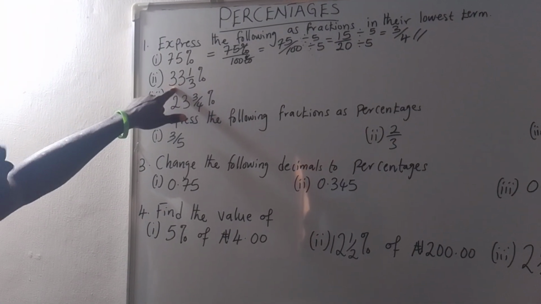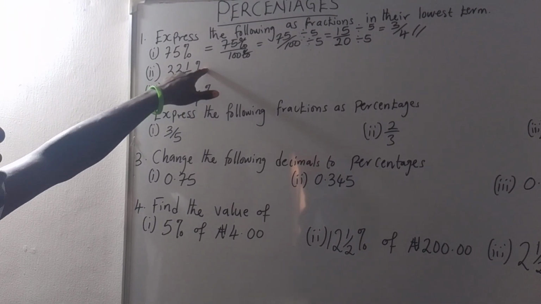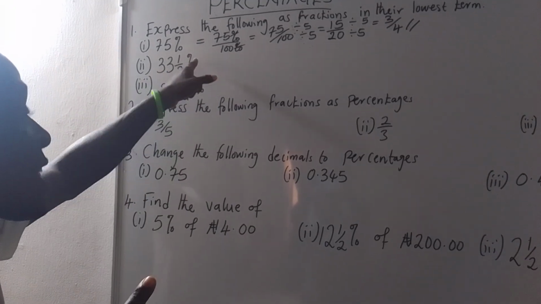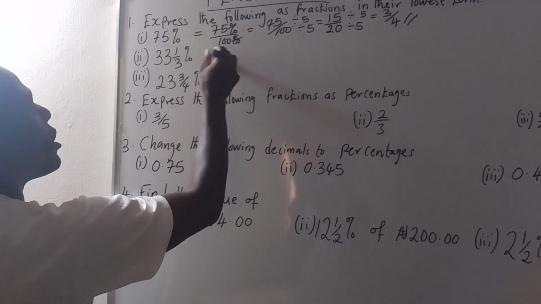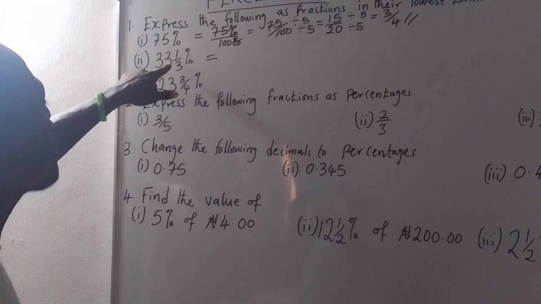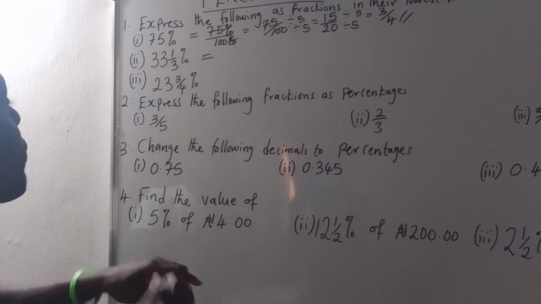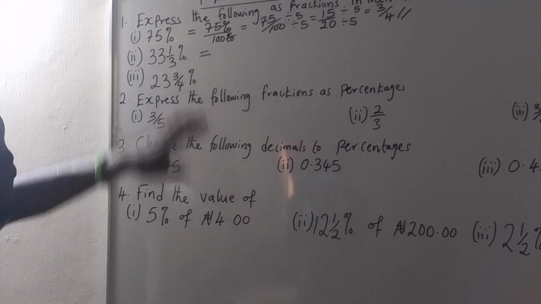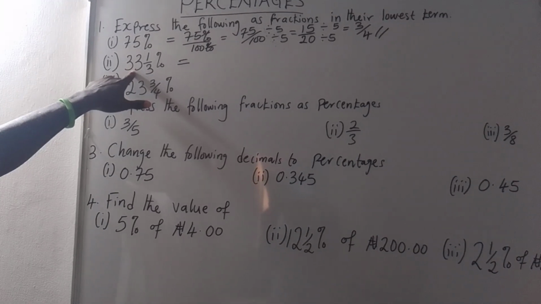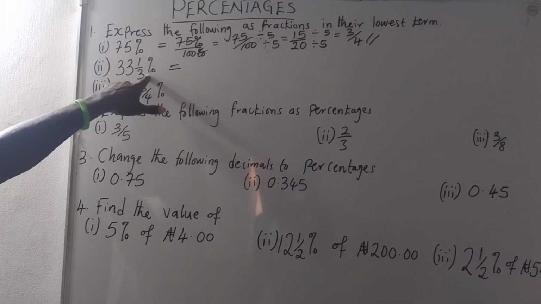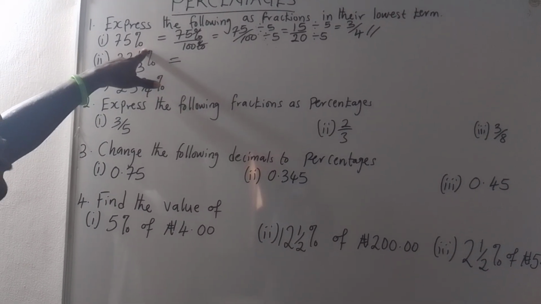This is 33 whole number, 1 over 3%. This question has percentage. We divide by 100. But before then we have to change it. This is a mixed fraction or a mixed number. We change it to an improper fraction by multiplying the whole number with the denominator, then adding the answer to the numerator.